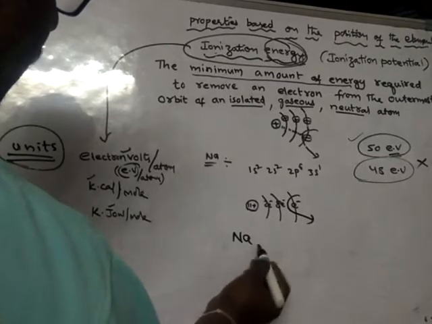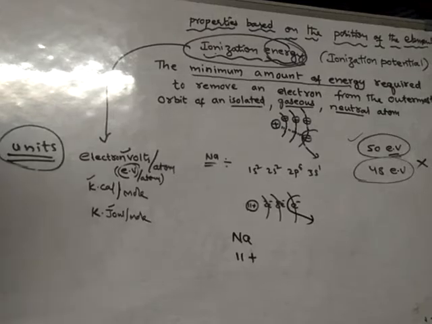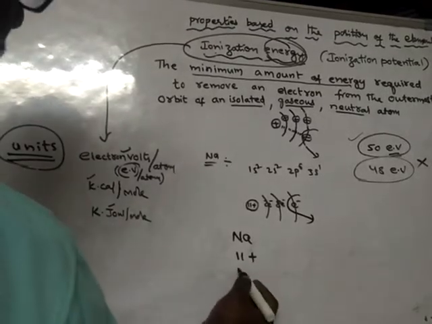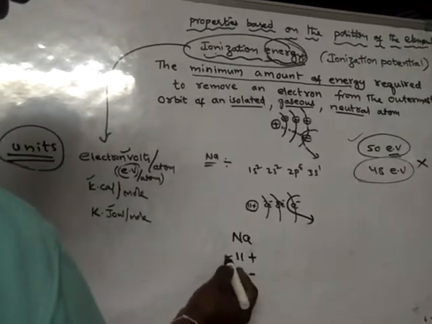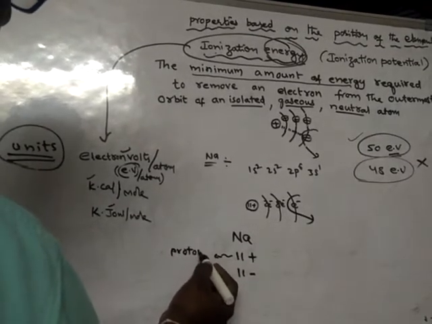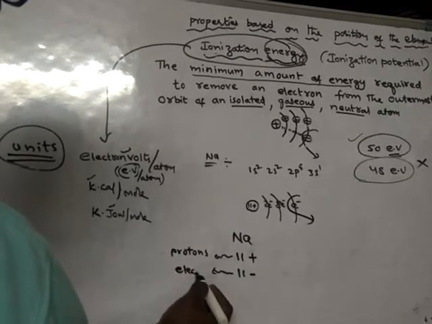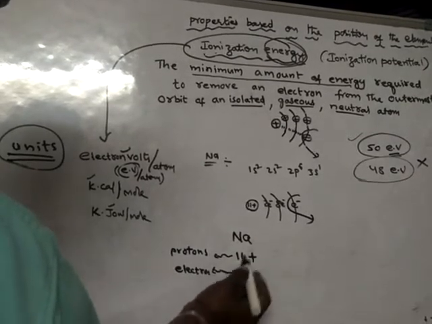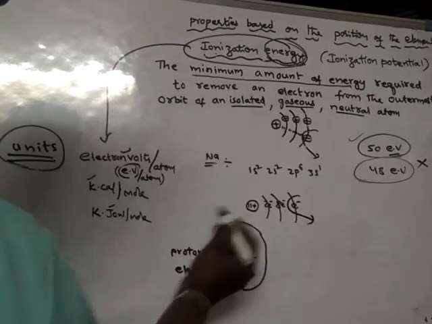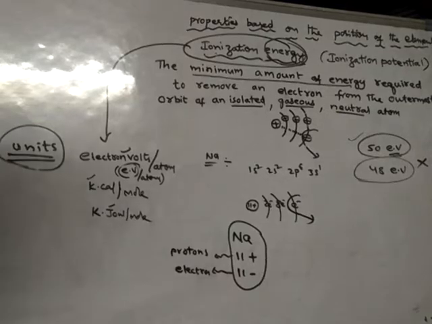Initially the sodium atom has 11 positive charges and 11 negative charges. Positive charges are due to protons, and negative charges are due to electrons. So initially the sodium atom has 11 positive charges and 11 negative charges, hence it is neutral.